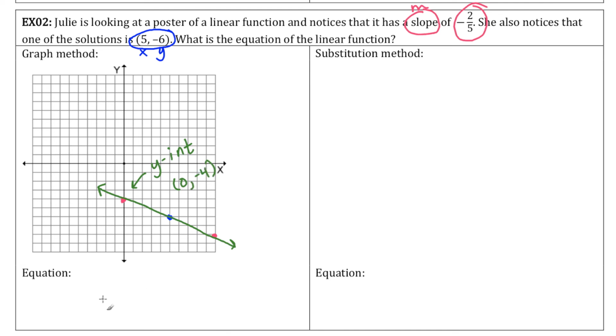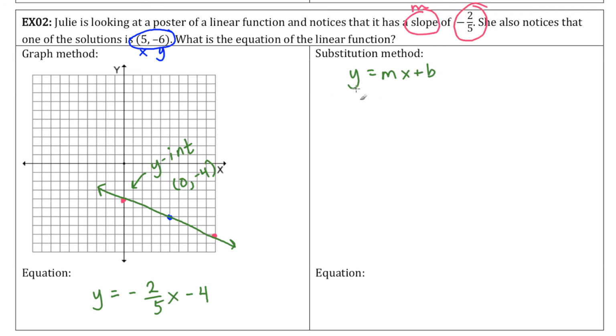So let's write the equation. y equals, our m is -2 over 5x. My y-intercept is 0, -4, so -4. There we go. Let's try to find this same answer, but without using the graph. So y equals mx plus b.